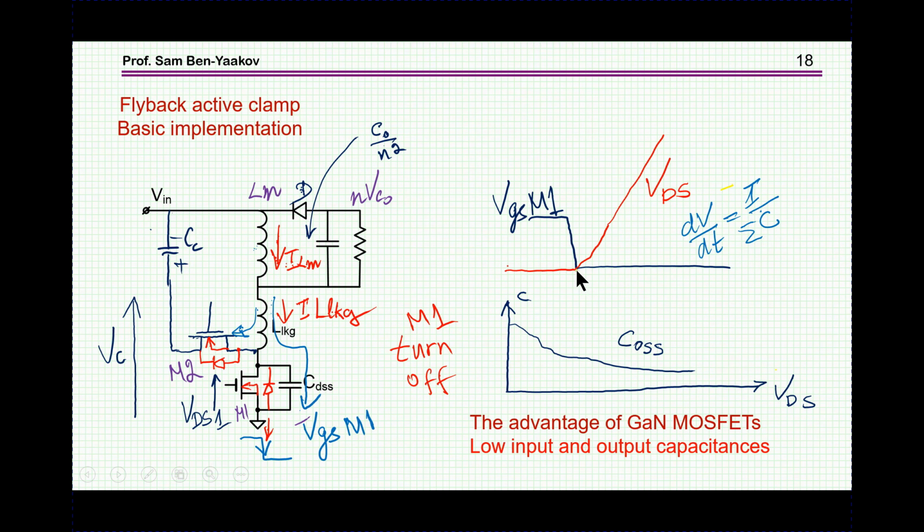And if C is relatively large, this is going to be a fairly slow rise here, which is nice because we don't want the current of the transistor, which we are now in the process of turning off, to overlap the voltage which is rising. Luckily, this is against Murphy's law.